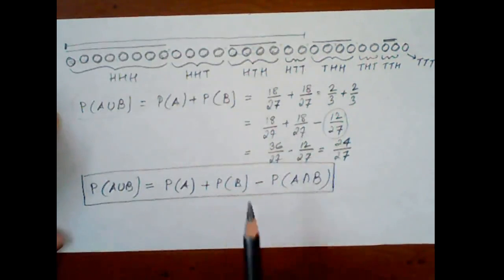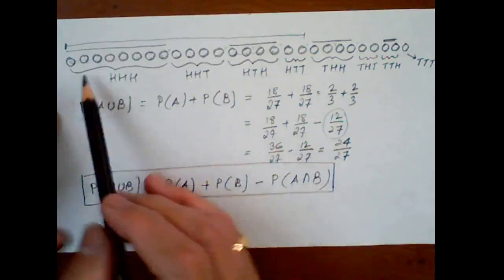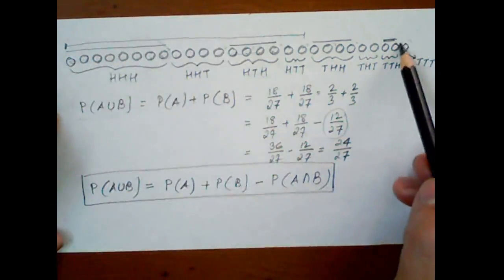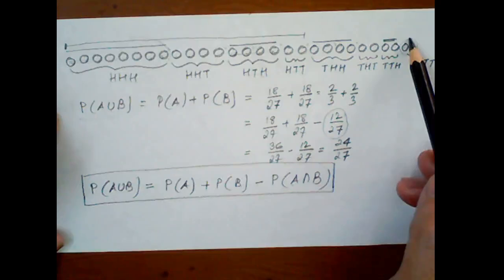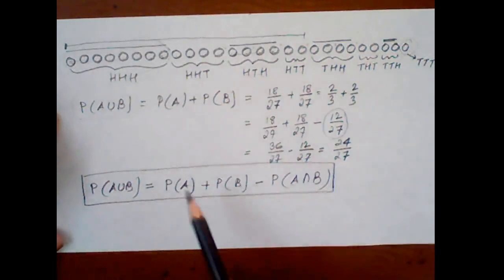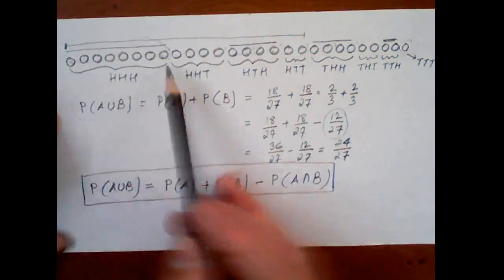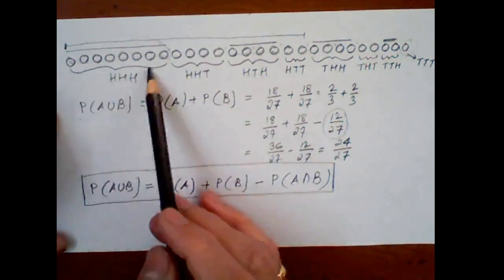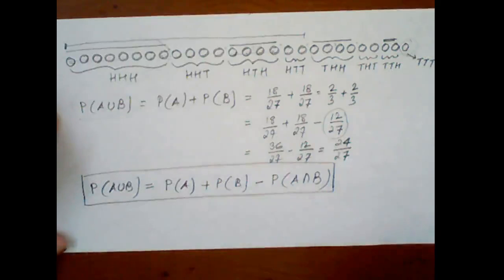Because in that case, the two events A and B were only these 8 and only this one. So what is the difference between the previous problem and this problem? In the previous problem, the two sets A and B were what is called disjoint, meaning that they had nothing in common, which is why P of A intersection B is actually 0 in that case.